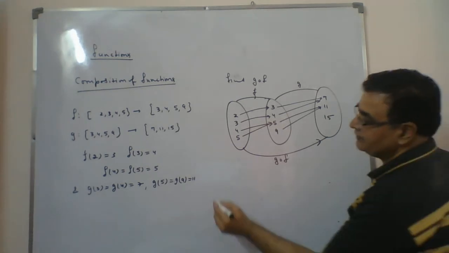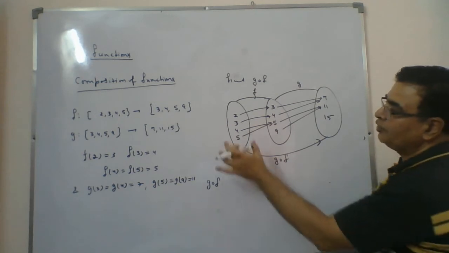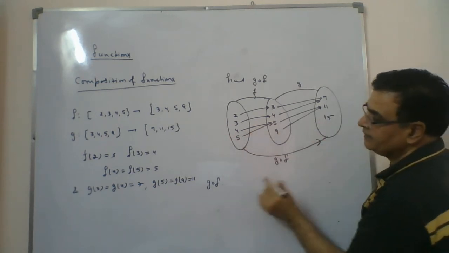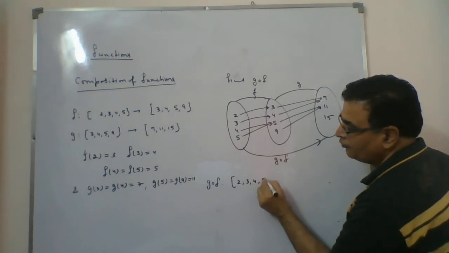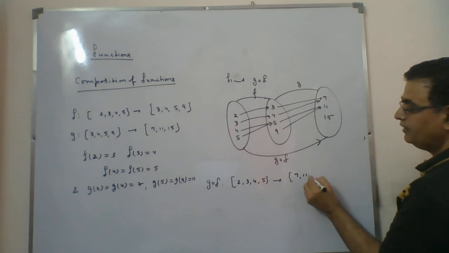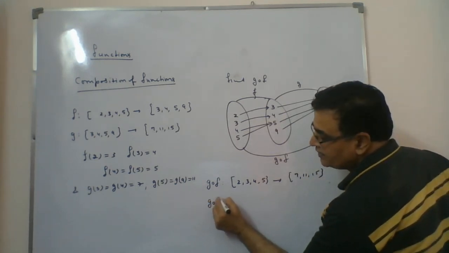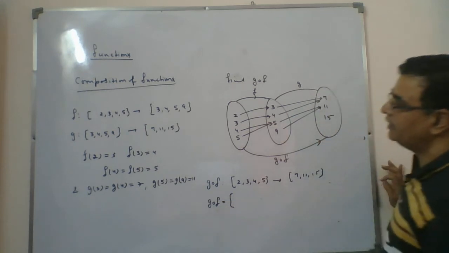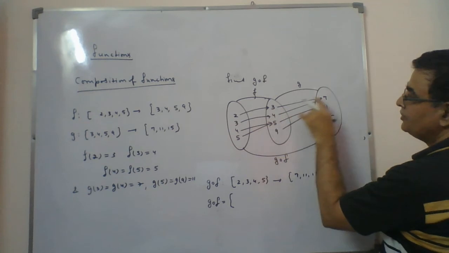Now my question is, you should find out G composition F. From where to where? It will go from this set, 2, 3, 4, 5, to this set, 7, 11 and 15. And when you take GOF, what will be the element here? Just take 2 having image 3, 3 will have 7.